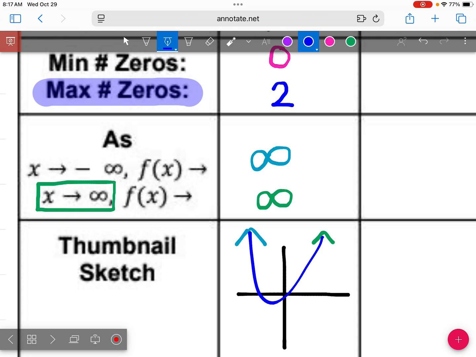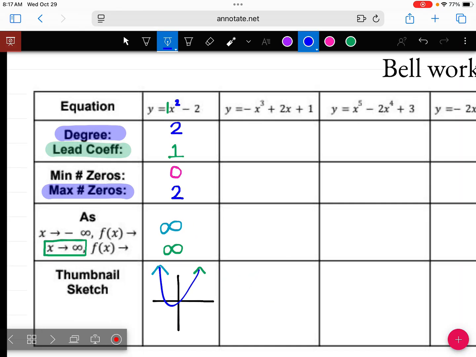Questions on that first one, or have we got any of those pieces? Okay, now that we have a guide for what we're doing, try the other 3. So it talked us through the first one. Try the other 3.